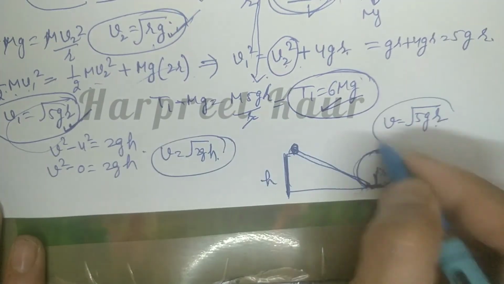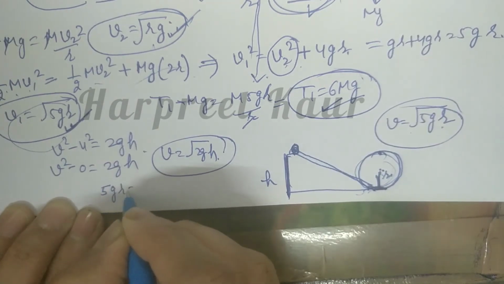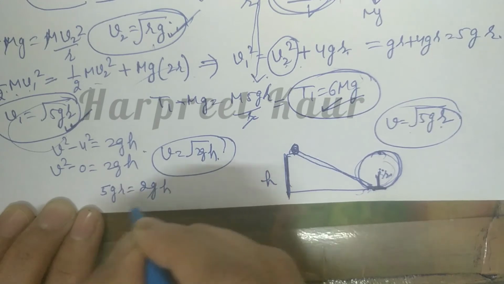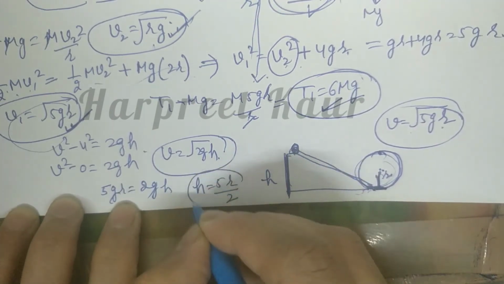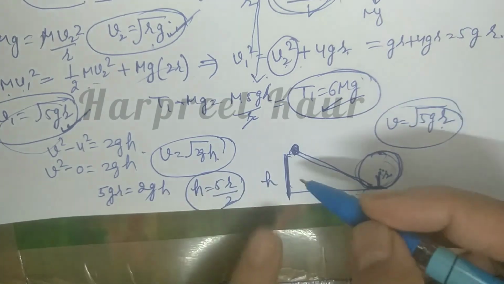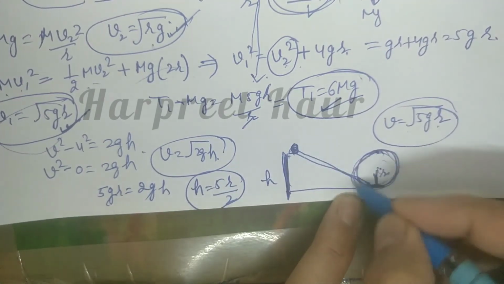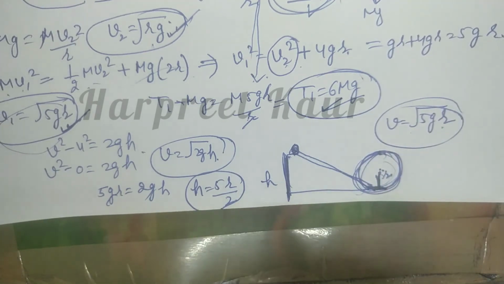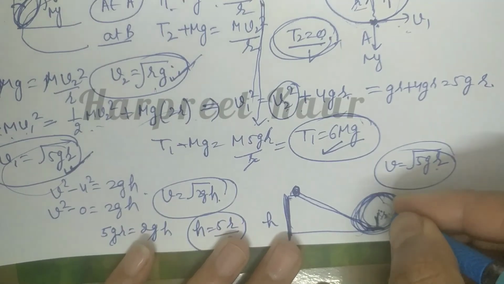If these two velocities are equal, then 5gr is 2gh, g is cancelled. What is h? h is 5r upon 2, which means this height is decided by the radius of the circular cage, from which the body has to roll down to complete the vertical circular motion.